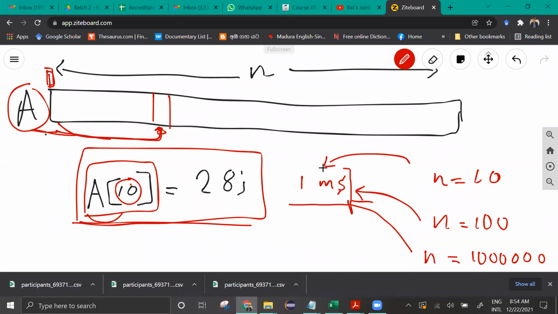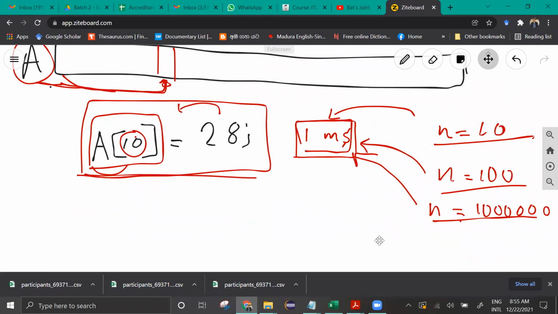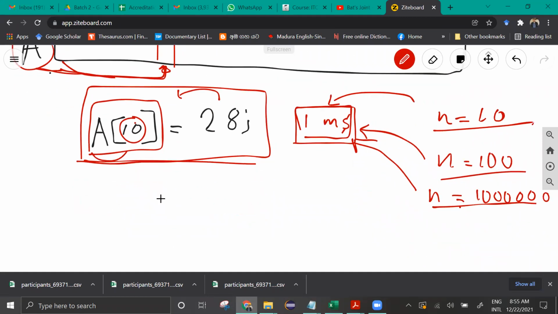The time it takes for that calculation, as well as to assign the value, is a constant. It does not depend on the array size. So in our algorithm, suppose we have several activities which are all similar to this one.